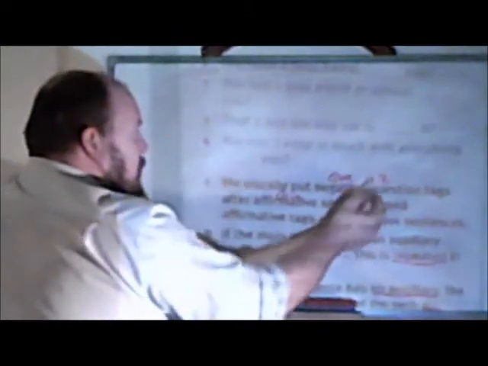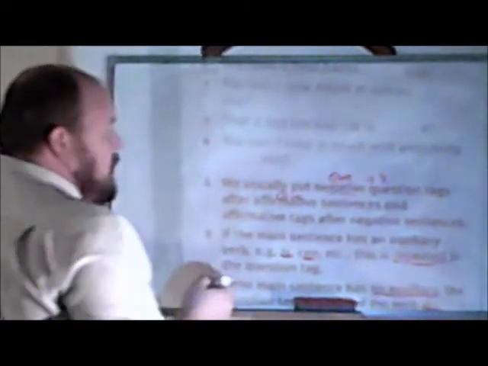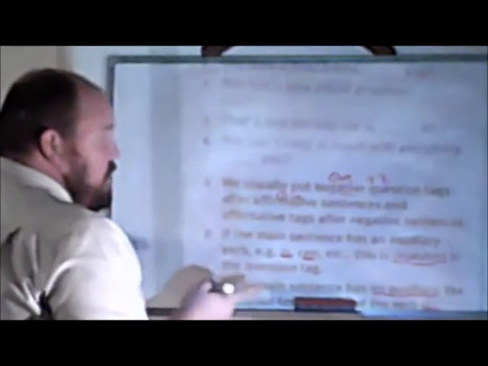Okay, so my negative question tag, I contract not, I leave out this letter O, and I join this N to the previous auxiliary, or if I use do instead. So I put that one up there first. It's positive, I return negative.